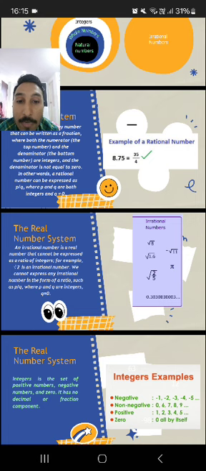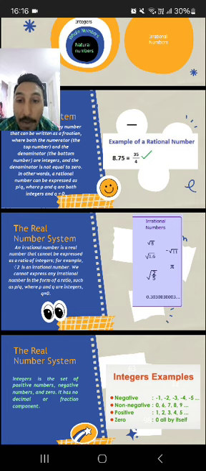It can be expressed in point form, like 0.20, 0.58, 0.60, 0.91, or as you can see here in the examples, root 8, root 1.6, and pi. This is what an irrational number is.